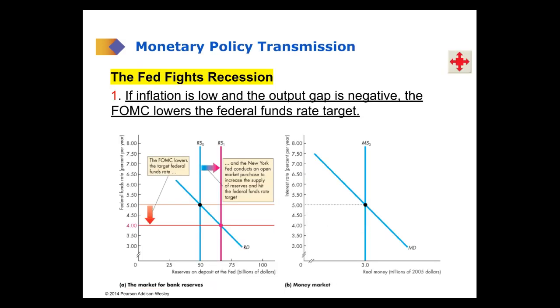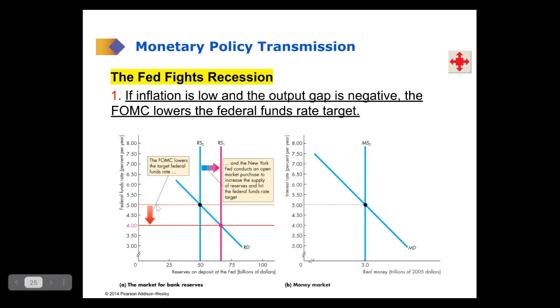So let's look again at how the Fed conducts monetary policy using our supply and demand chart. The first thing, if the Fed wants to fight recession, if real GDP is below potential GDP, and as long as inflation is low and within the target range, then the Fed will lower the federal funds rate target.